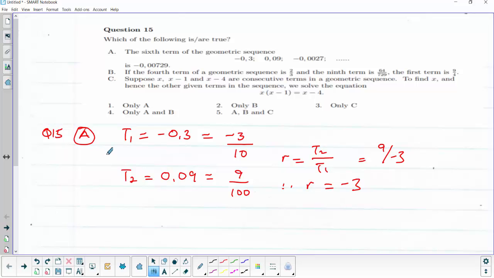Now we can determine our T6. Let us write the formula for Tn first. Tn is equal to AR raised to power n minus 1. That is the formula. Our A is equal to minus 3, and our R is also minus 3.